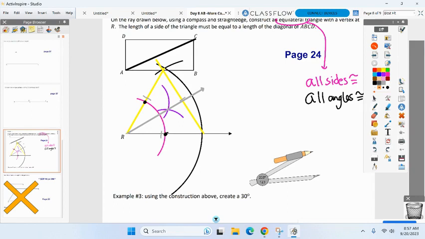And look, you made yourself two 30-degree angles. Remember, leave all construction marks on your diagram. That's how we're going to push them.